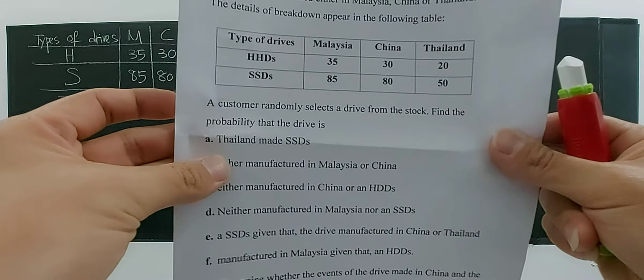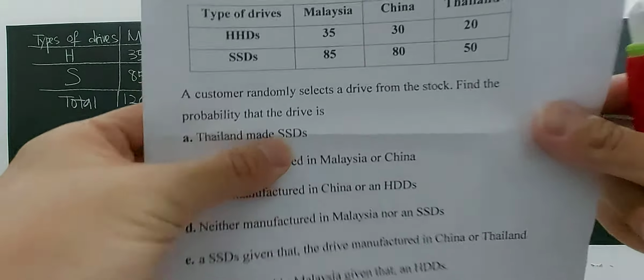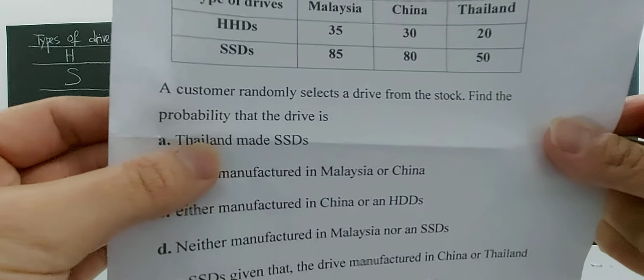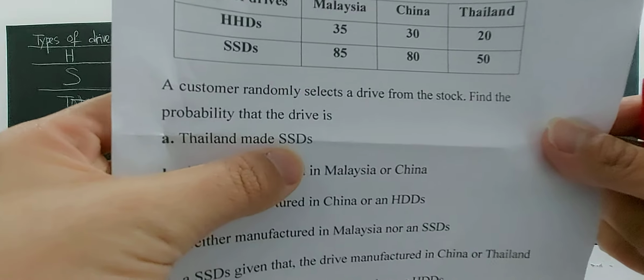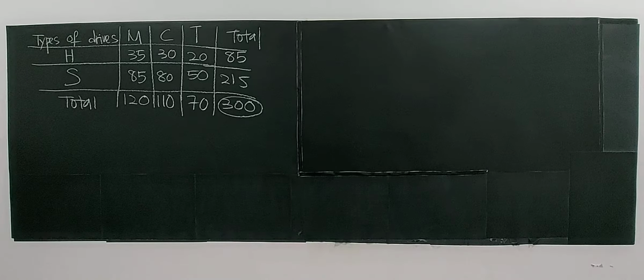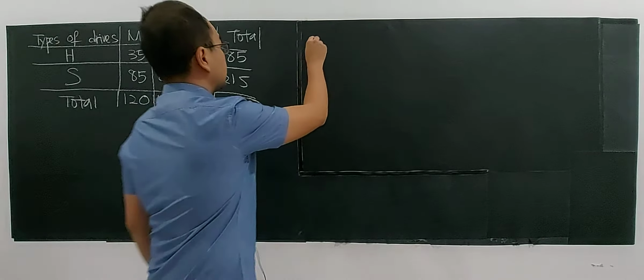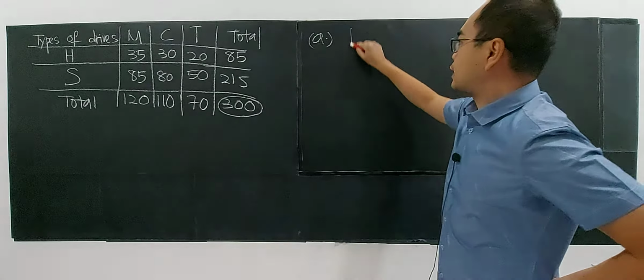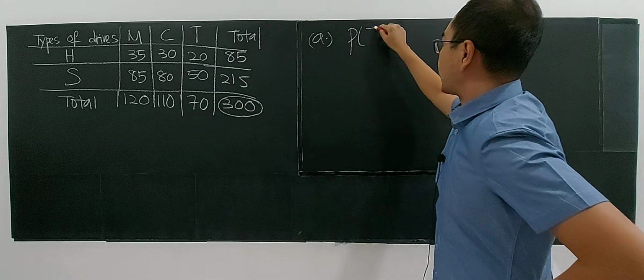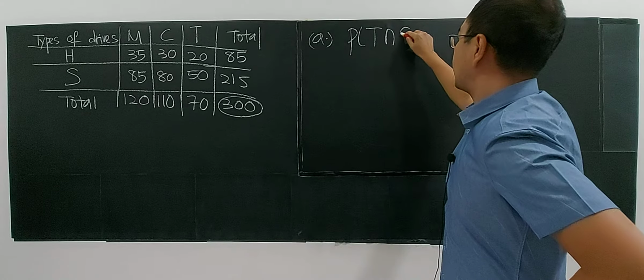Find the probability that the drive is a Thailand-made SSD. The most important thing is to understand what it means. What is meant by Thailand-made SSD? Thailand-made means it must be from Thailand and it must be an SSD.